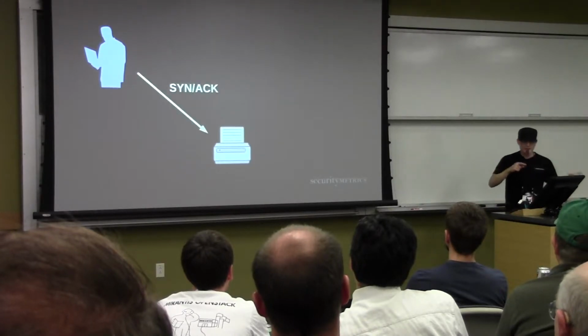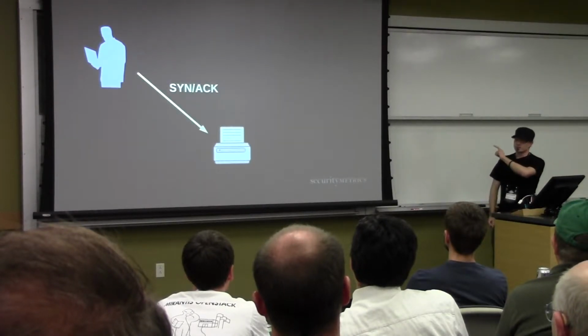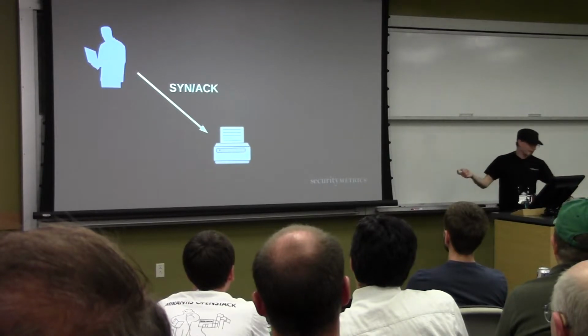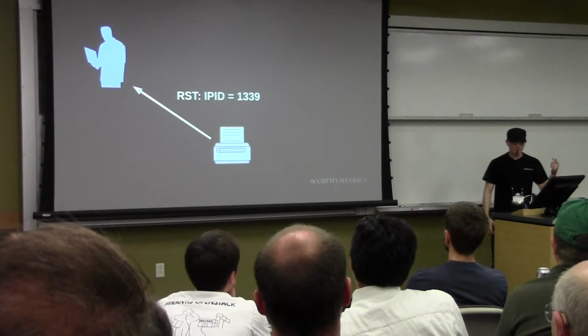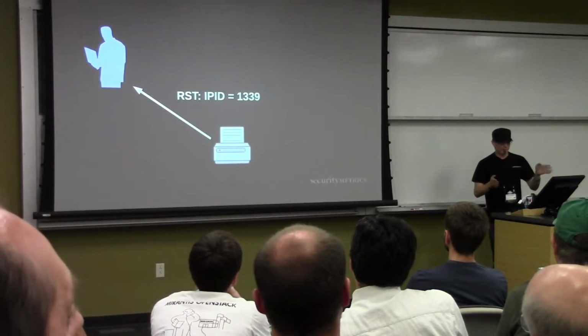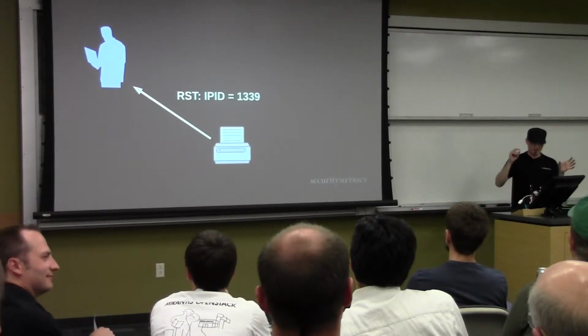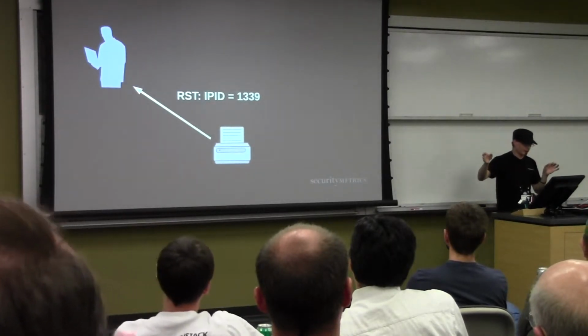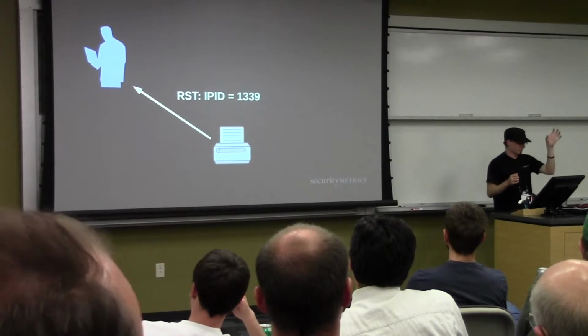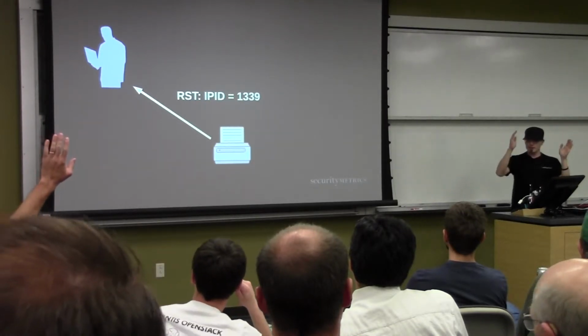From there, we then send another SYNACK to the printer, and the zombie replies showing 1339. So from that, we're able to see that some other packet was sent out to a host that wasn't us between the time that we probed initially and the second time.